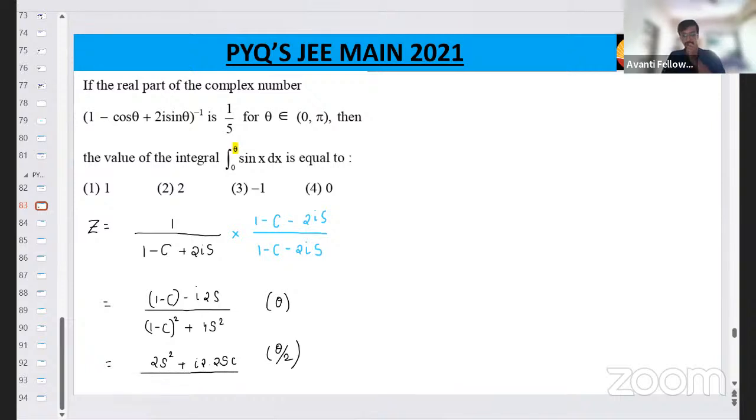Same thing we can do in the denominator. 1 minus cos is 2 sin square, the whole square, plus 4 into sin theta, which is 2 sin cos, the whole square.